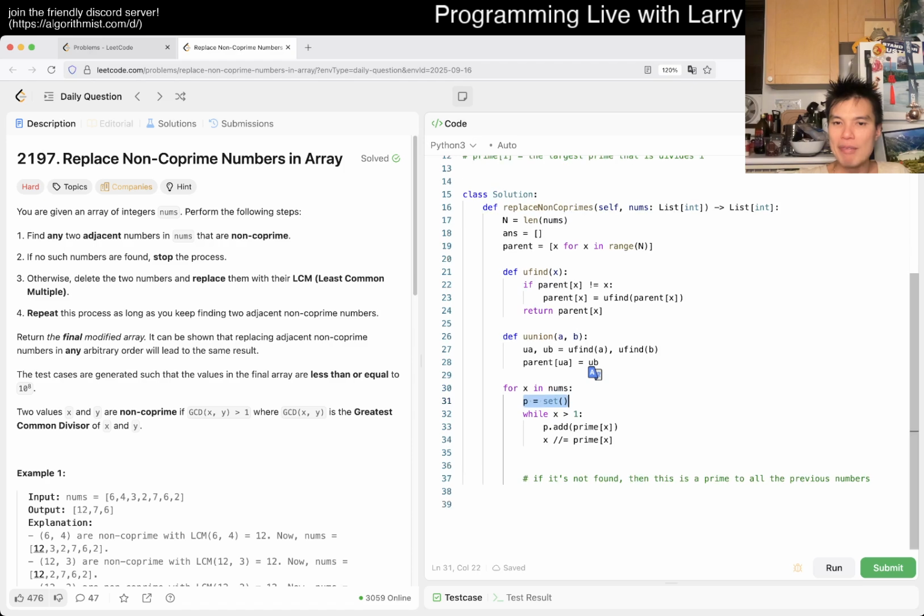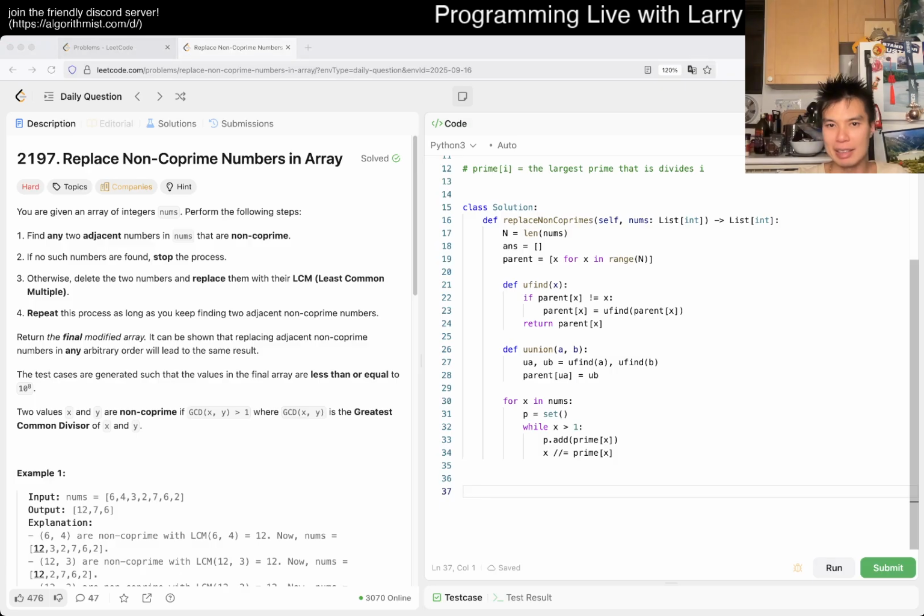That means that for every prime for this number, you're kind of connecting it with all the previous numbers. And I think maybe I'm not drawing this well, and the union find doesn't make sense, but the idea here is this idea of transitive property, right?